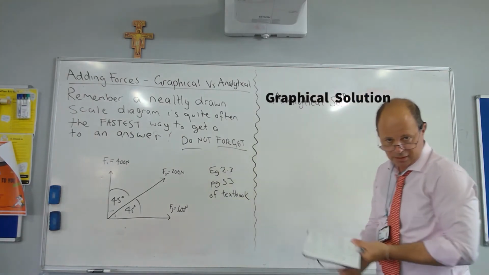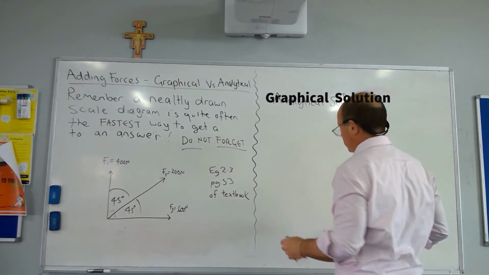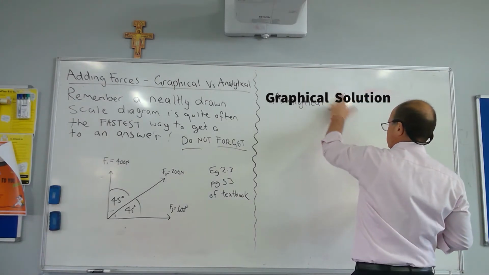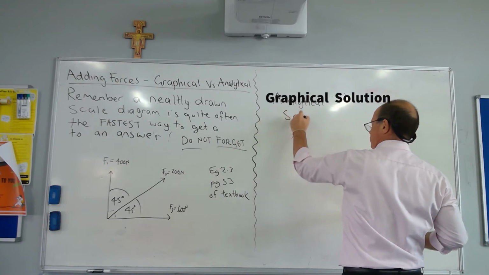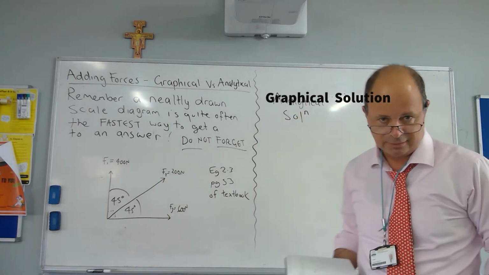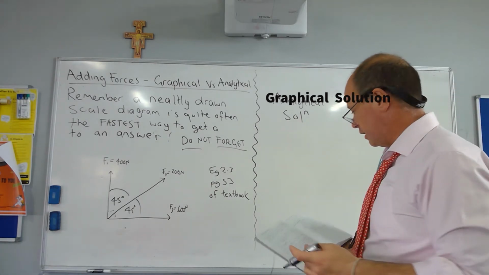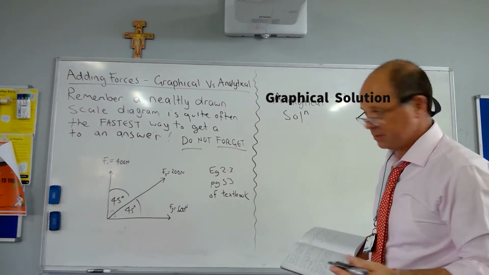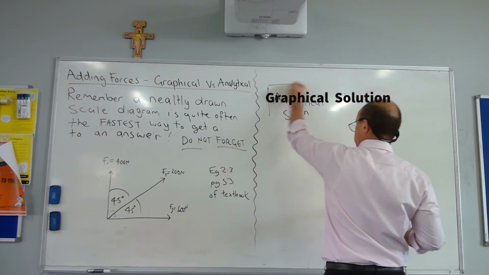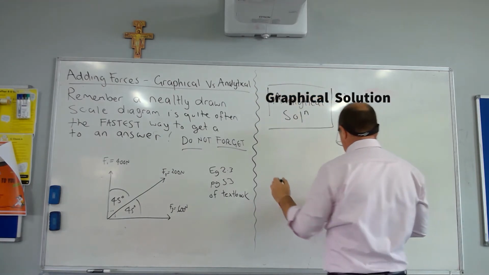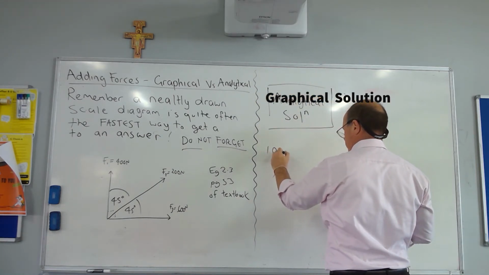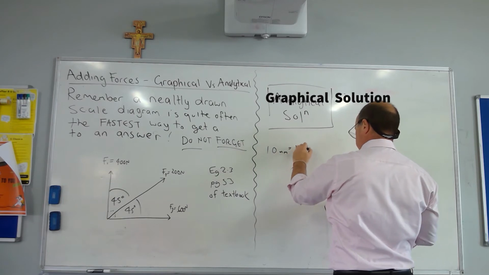An analytical solution. What we're going to do now is just specify a scale, because that's the first thing you need to do for an analytical solution. We're going to say that 10 millimeters is equal to 100 newtons.